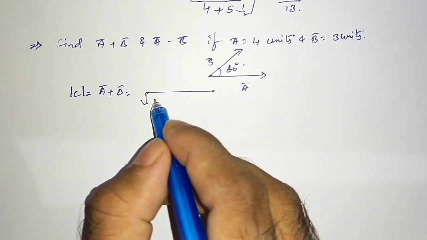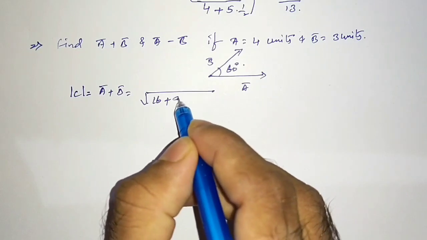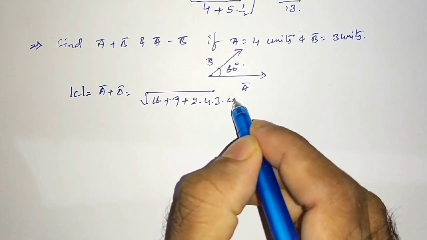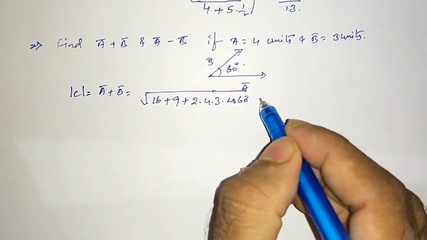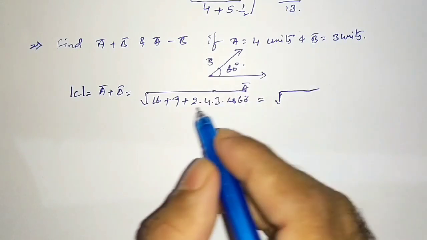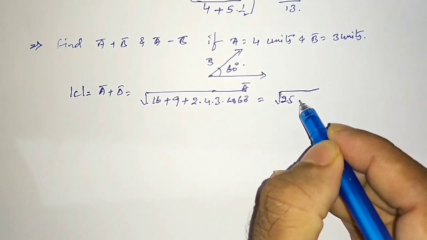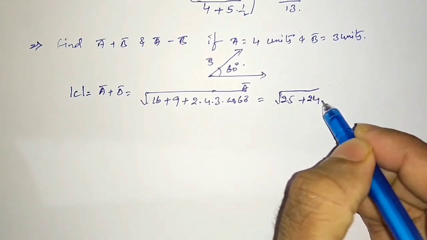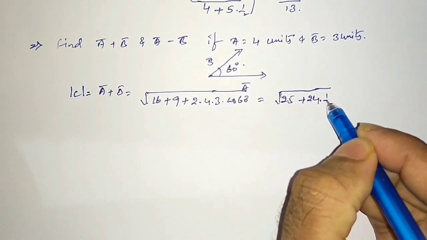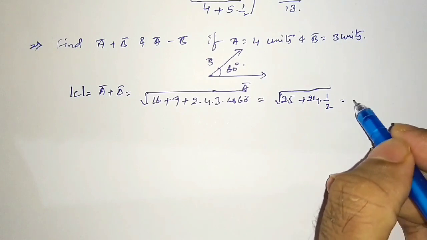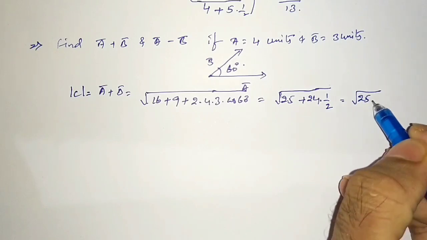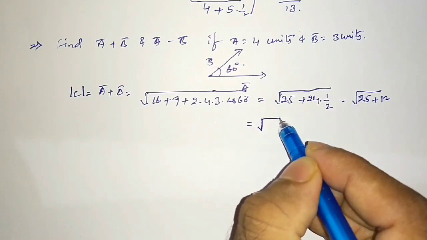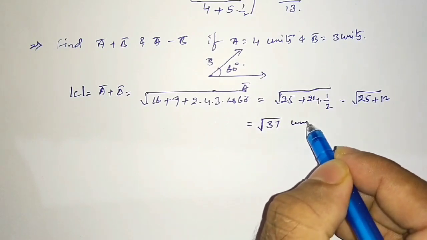So a square, that is 16, plus b square 9, plus 2ab cos 60 degrees. So that is square root of 25 plus 24 into cos 60, which is 1 by 2. Right, that is root over 25 plus 12. That is root over 37 units.